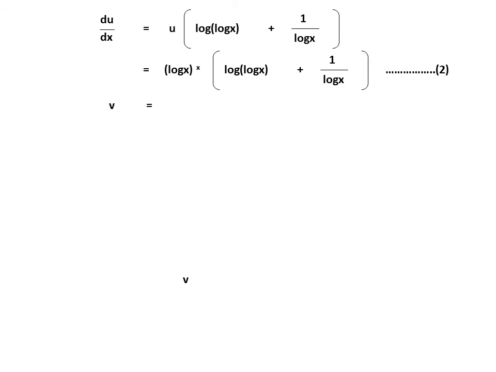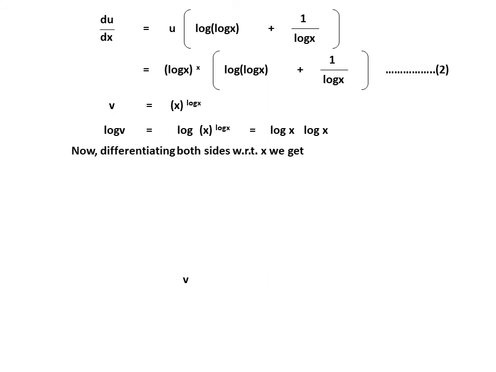So this is 2. Similarly, for v, take x to the power log x. So log v will be equal to log x to the power log x, that is log x into log x. This you have to differentiate. So 1 by v dv by dx will be equal to d by dx of log x into log x plus log x into d by dx of log x.